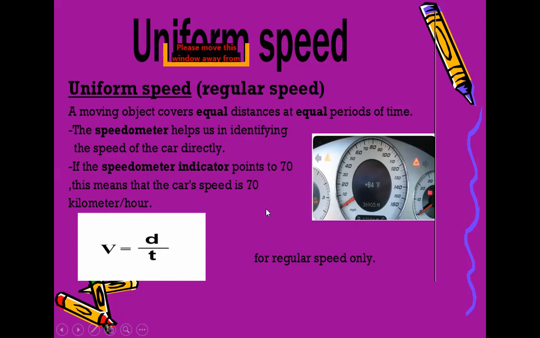If the speedometer indicates 70, it means the car moves with 70 kilometers per hour. So we have two measuring units, kilometer per hour or meter per second. It depends on the position of the object and the type of motion of the object.